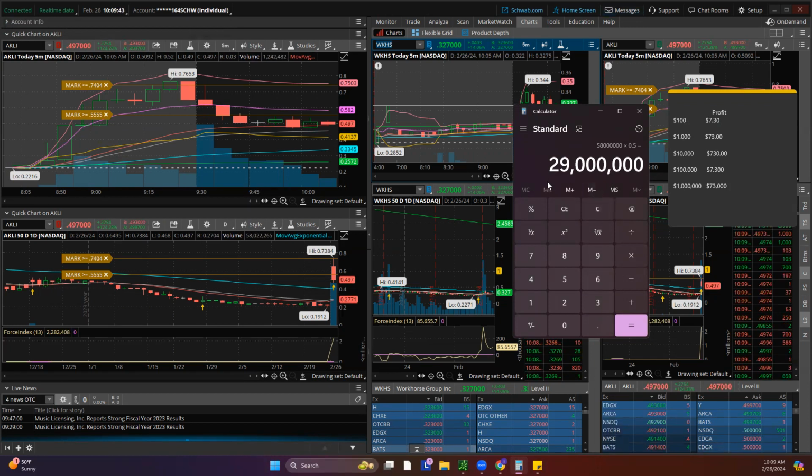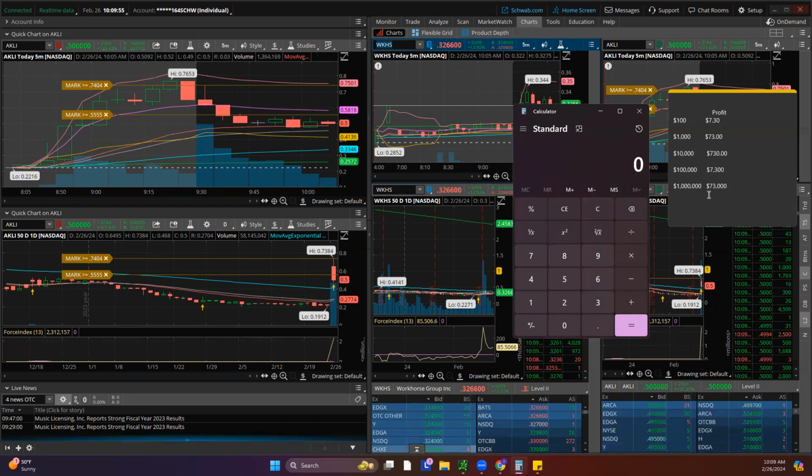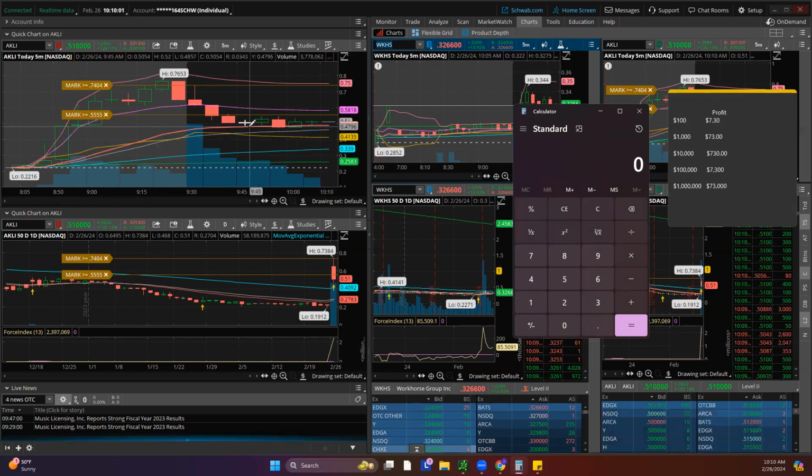So somebody definitely put more than $1 million into this. Whether it was one person or a whole bunch of people, there's been $29 million traded in this stock today. So you definitely could have put $1 million in, and then you would have been up $73,000 in 5 minutes.